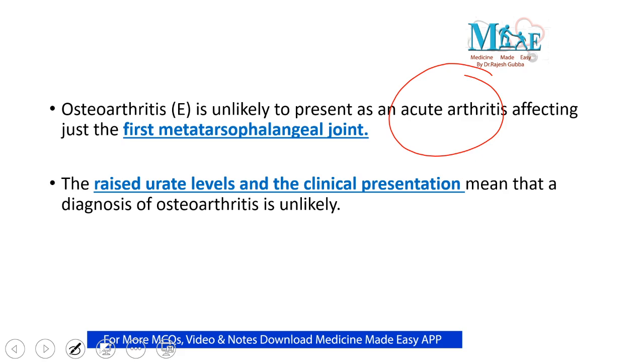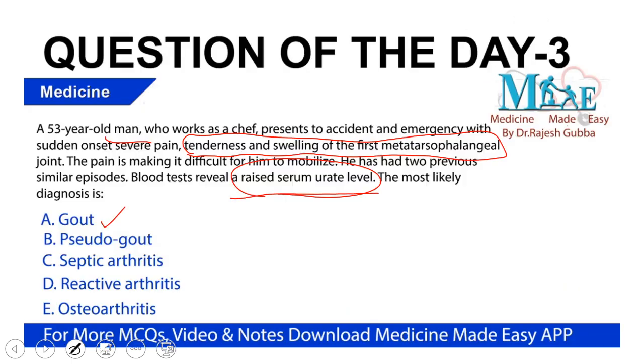So that is the reason why osteoarthritis is also ruled out. So going back to our clinical question, a 53-year-old working as a chef, presenting to the emergency department with severe pain, tenderness, swelling of the first metatarsophalangeal joint, raised urate levels, very much suggestive of gout.